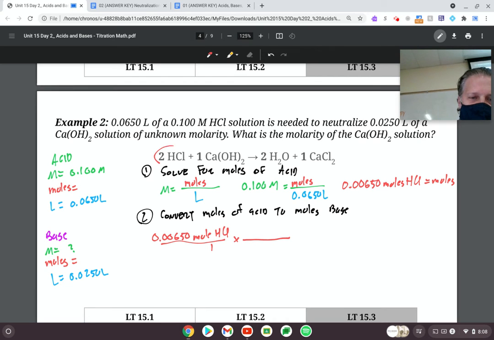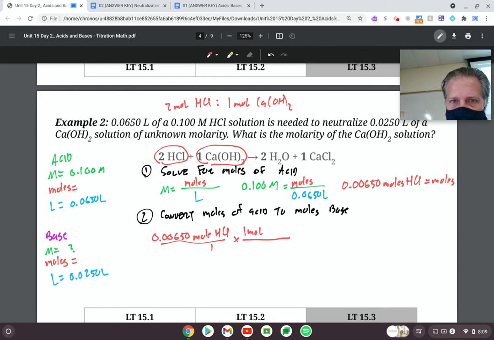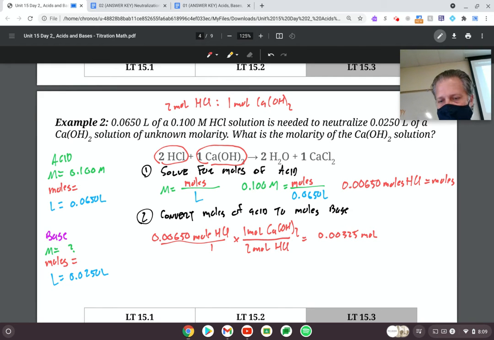So our ratio is 2 moles of HCl for every 1 mole of Ca(OH)2. So I'm going to set that up so my 1 mole of Ca(OH)2 is on top, and my 2 moles of HCl on the bottom. So I'm going to take 0.0065, divide that by 2, and I get something like 0.00325 moles of Ca(OH)2.